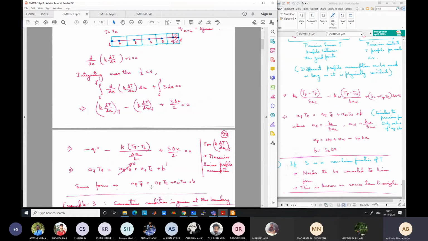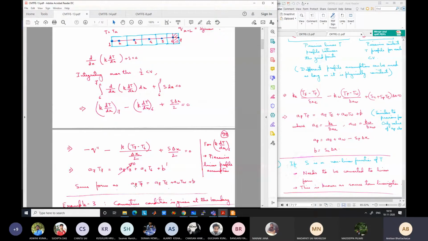so how will I write, means say this will not be A3, let us write this as something like B3. Okay, B3 T4 plus C3 T2 on the west side plus something like D3.